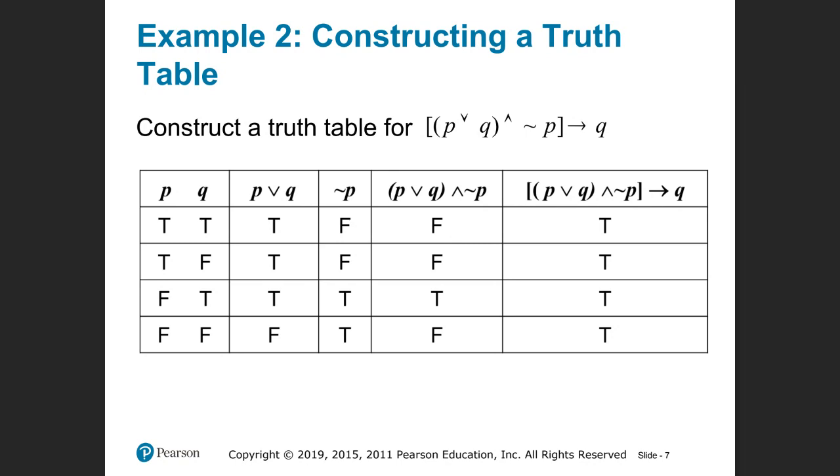So the antecedent is true, and then looking back at Q, the consequent is true. Okay? All the others, the antecedent is false. So it doesn't matter what the consequent is, the whole thing is going to be true.